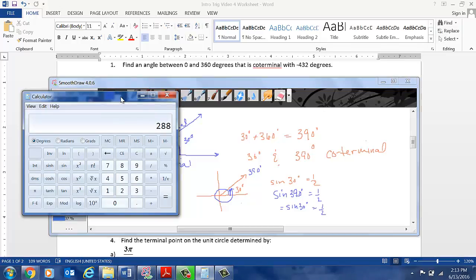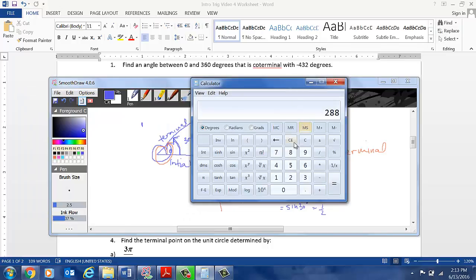And really the easiest thing to do, I think, is to grab a calculator. If I take negative 432 degrees and add 360 to it, that takes me to negative 72 degrees.